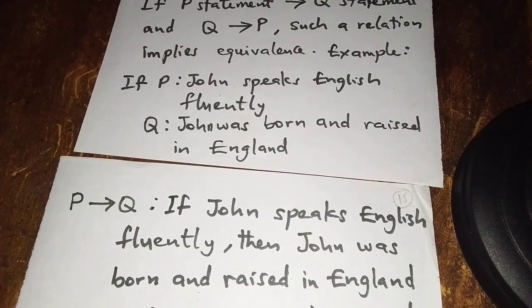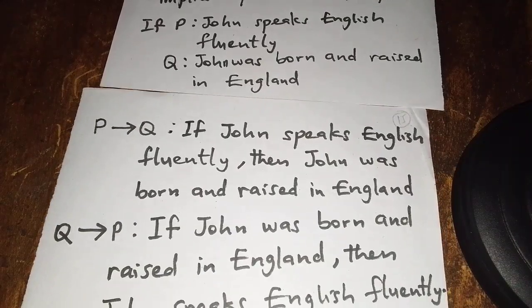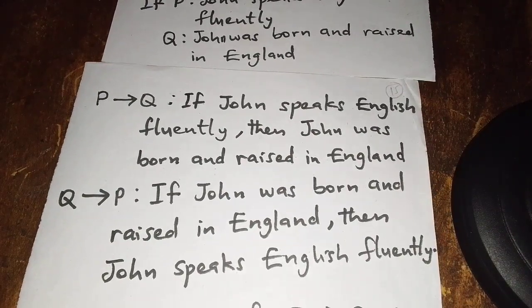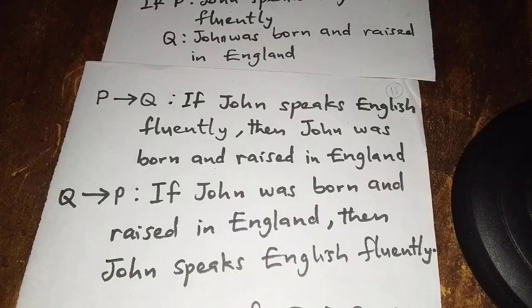If we want to use it the other way, you can say if John was born and raised in England, then John speaks English fluently. If you look at the two statements, though the arrangement is interchanged, you realize that it means exactly the same. So you realize that this type of statement is biconditional.